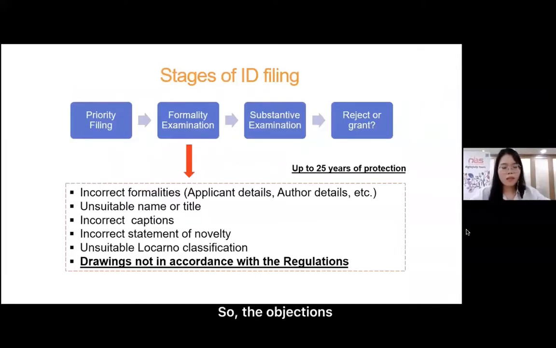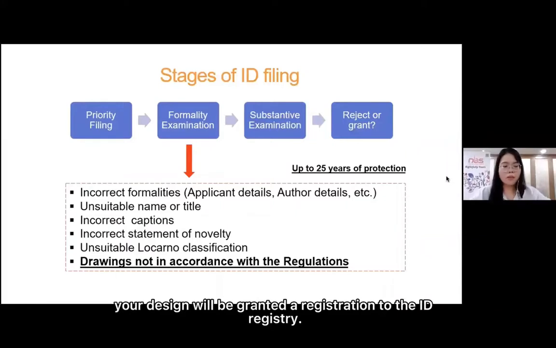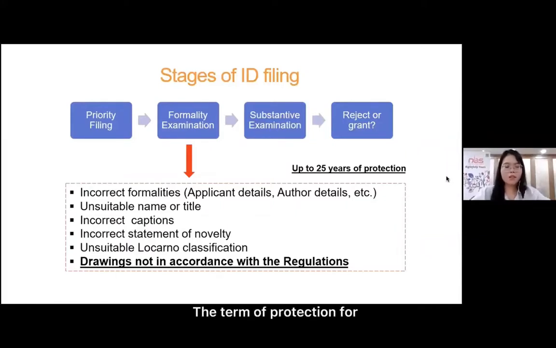The objections are usually raised during the formality examination stage of the ID filing. If everything is correct and addressed carefully, your design will be granted a registration to the ID registry. The term of protection for industrial designs can go up to a maximum of 25 years.